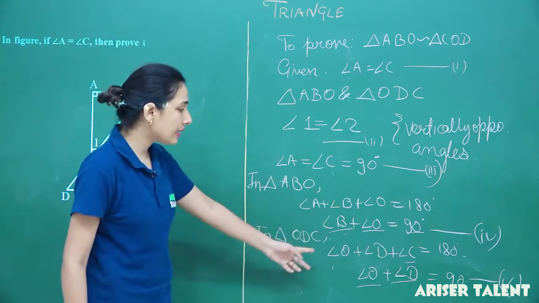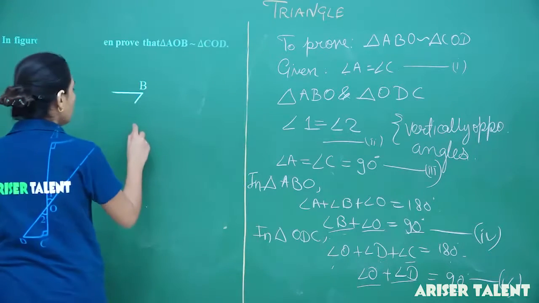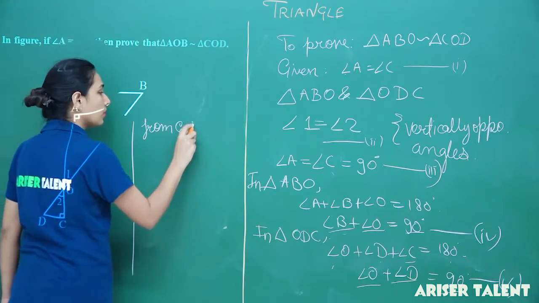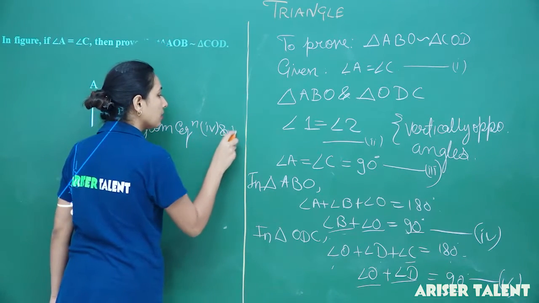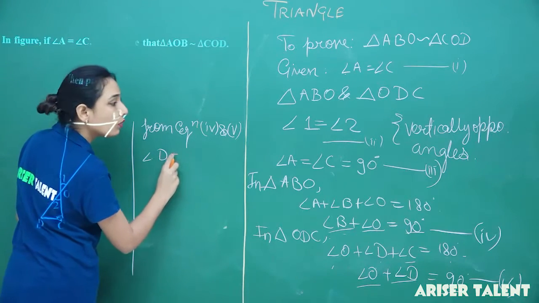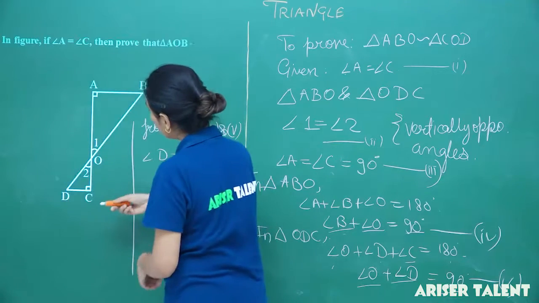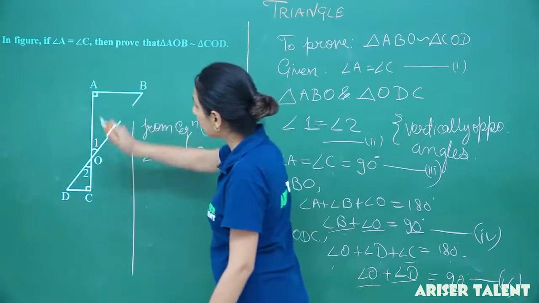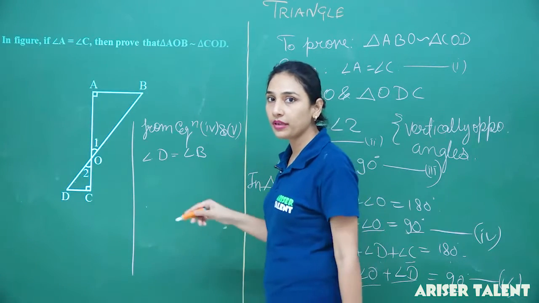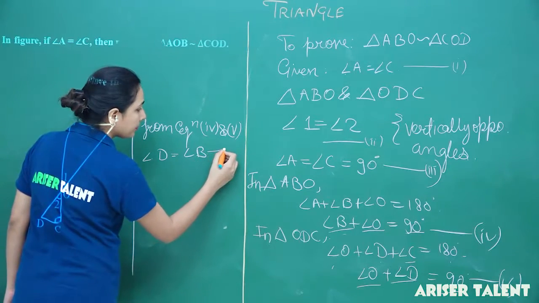So, simply we can say that from equations 4th and 5th, angle B equals angle D. Now students, angle D equals angle B, angle A equals angle C, and these angles are also equal. So, what can we conclude from here? That this triangle is similar to this triangle.